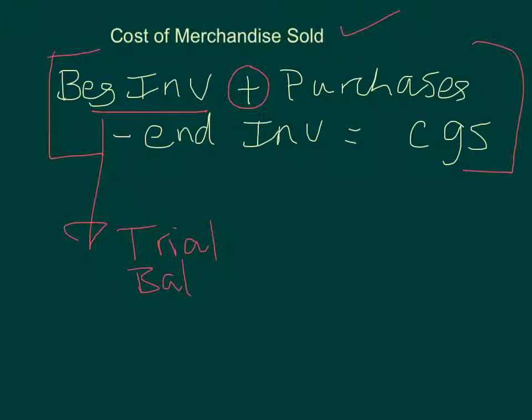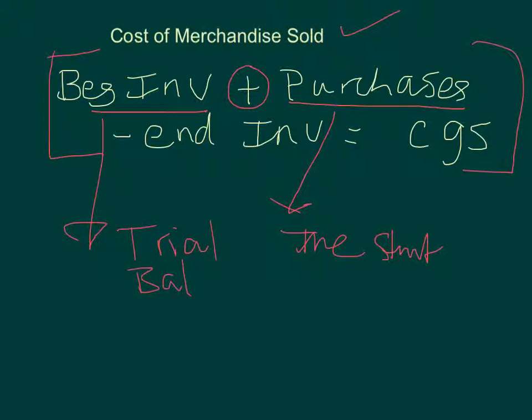So you have beginning inventory plus purchases. Think about this. You start out with some material at the beginning of the month. You buy some more inventory. That's going to add to the amount that you have available to be able to sell. So your purchases amount is going to be found on the debit column of your income statement part of your worksheet.